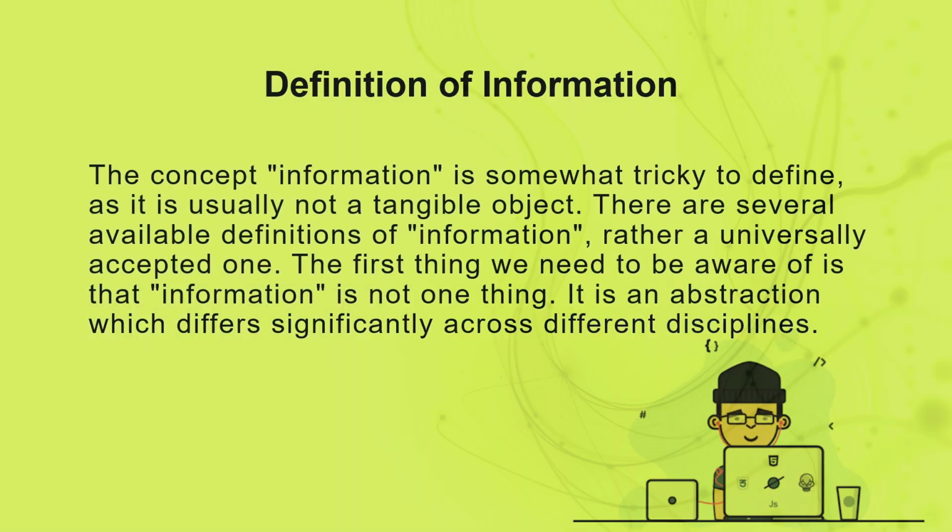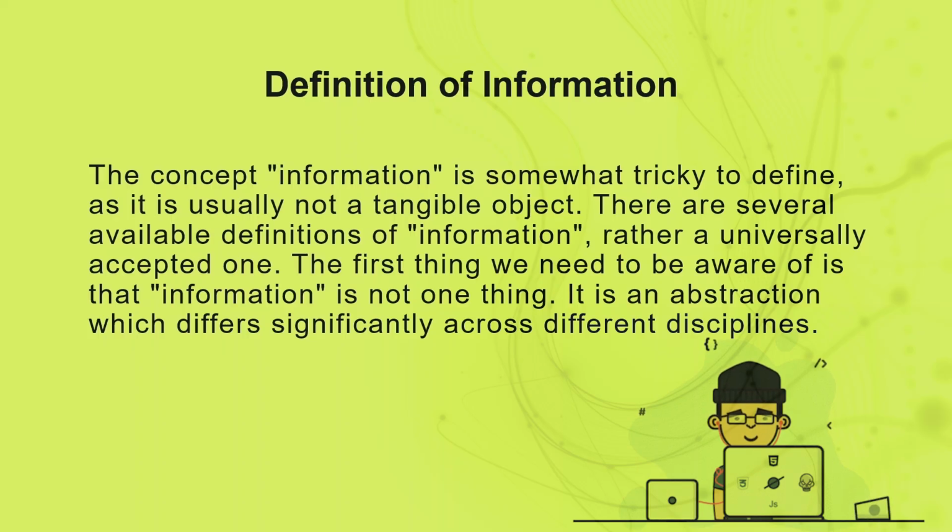The concept of information is somewhat tricky to define as it is usually not a tangible object. There are several available definitions of information, rather than a universally accepted one. The first thing we need to be aware of is that information is not one thing.